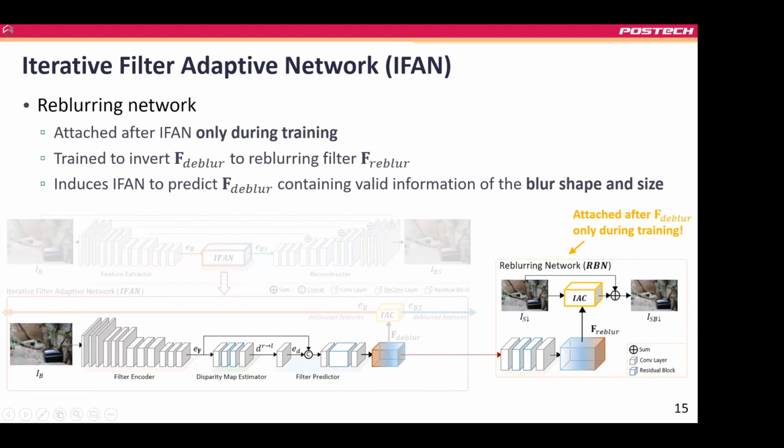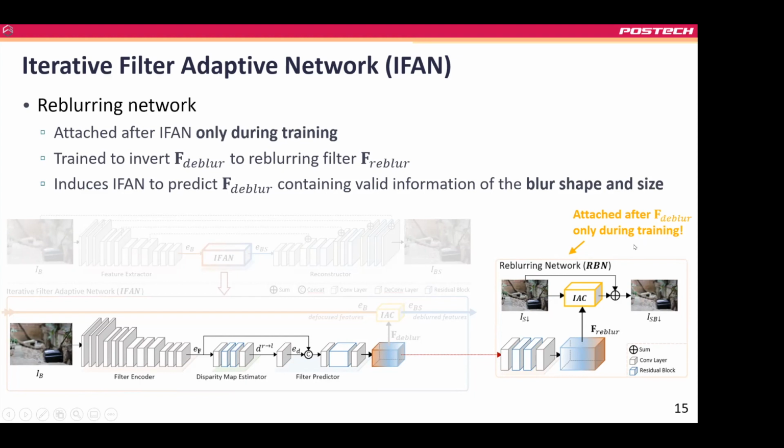Then also, to further increase the performance of our network, we have a reblurring network. Here we predict the filter kernel for deblurring, but from that kernel, we also try to estimate the reblurring kernel. That means this is the reblurring kernel. When we apply this reblurring kernel to the ground truth sharp image, we get the blurry image.